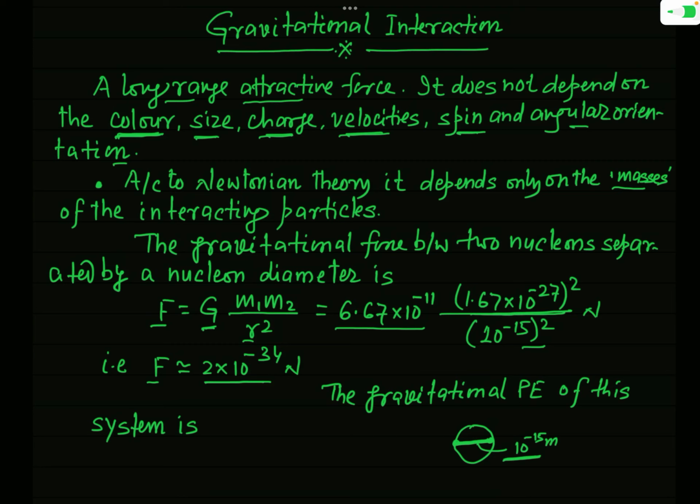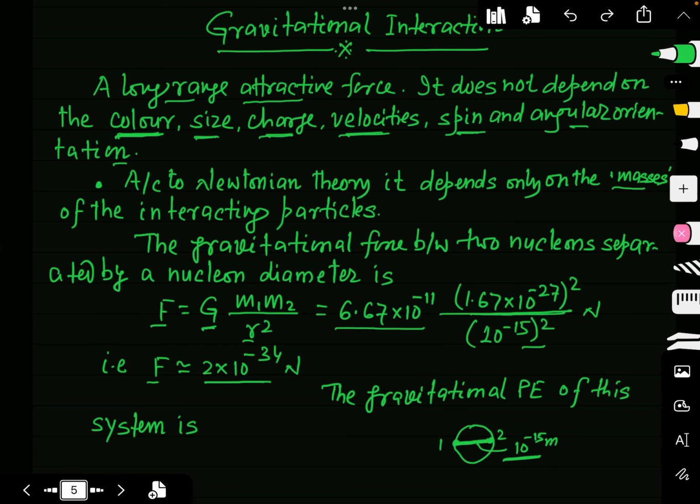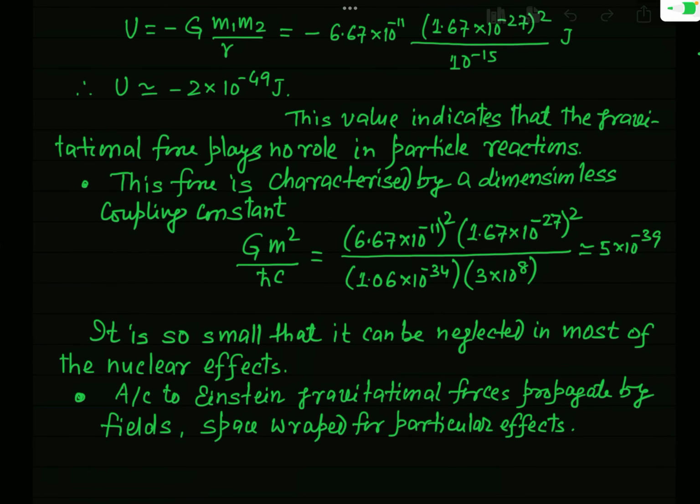Again, you can see what will be the potential energy, or the energy of attraction, between these two nucleons. This is the first nucleon and this is the second nucleon. You know, gravitational potential energy is given by this formula. You definitely have an idea of this: U equals minus G m1 m2 over r. Again, you want to find the gravitational potential energy of a system of two nucleons separated by a nuclear diameter.